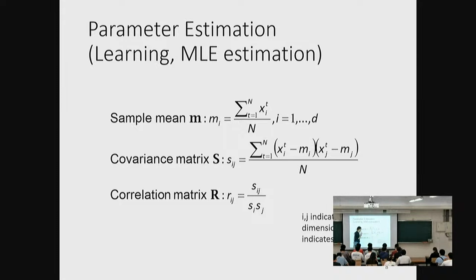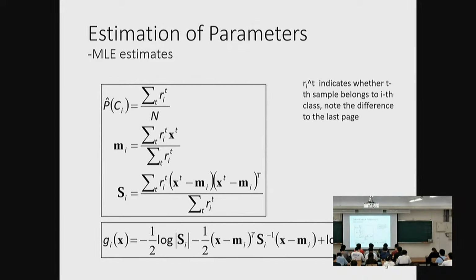That gives you an estimate of the covariance matrix. If you normalize by the individual S_i and S_j, you get a correlation. We're not going to derive this, but it's the same thing we did in the single variate case.